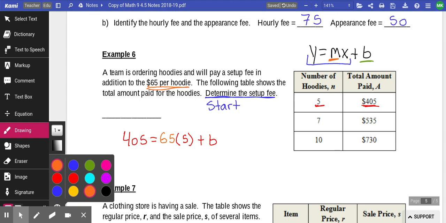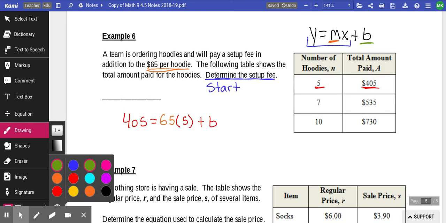And you'll notice that you now have built an equation with only one missing letter. I used an input, an output, and my rate of change to create this situation. And now I can solve for b. I'm going to have to figure out what 65 times 5 is, so that I have 405 equals 325 plus b.